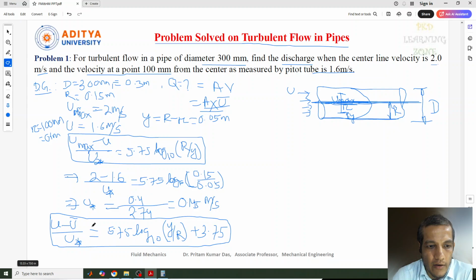Okay, now in this equation you can observe the velocity is given, the average velocity is unknown. U star we have identified here, y value is known, r is known, so we can find it out.